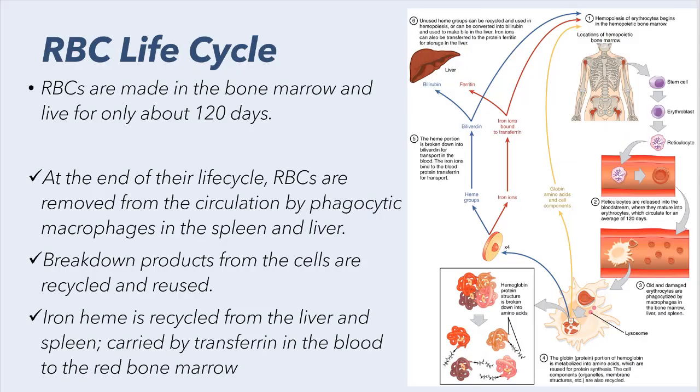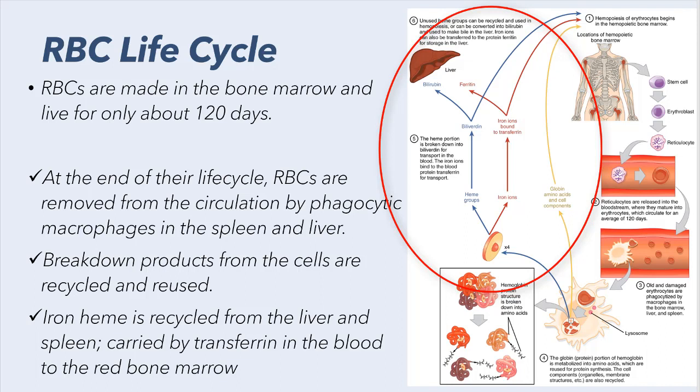Red blood cells, like I mentioned, only survive around 120 days, and when it's close to that time, they are removed from the circulation by macrophages in the spleen and the liver. And these macrophages have phagocytic capabilities, which means that they can break down the red blood cells. Some of the products we can get rid of. Some of the products are recycled and reused.